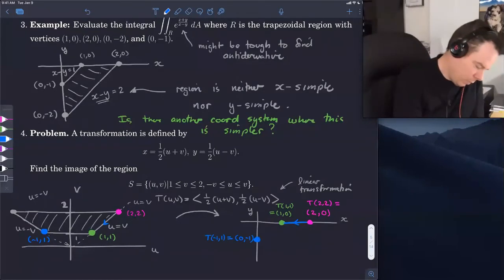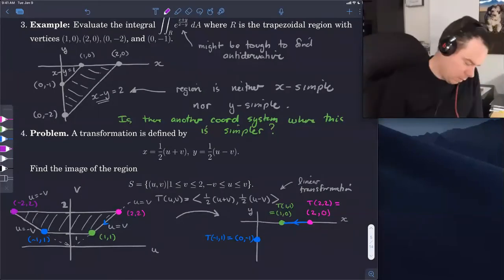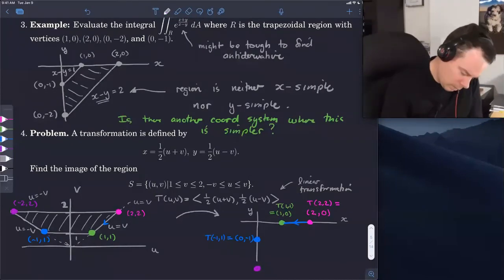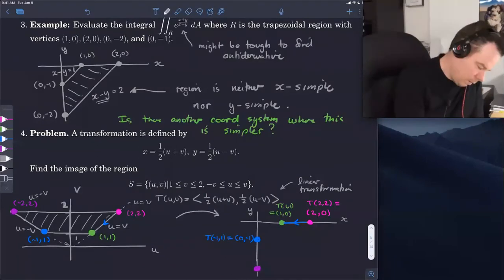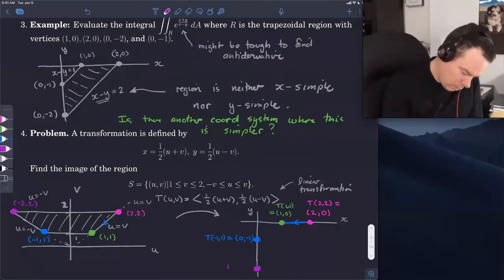And our last point, which I'll put here as our purple point, that is -2, 2. That gets mapped down here. Extend this a little bit further to 0, -2. So that's T of -2, 2.